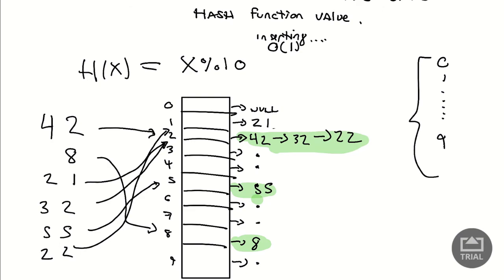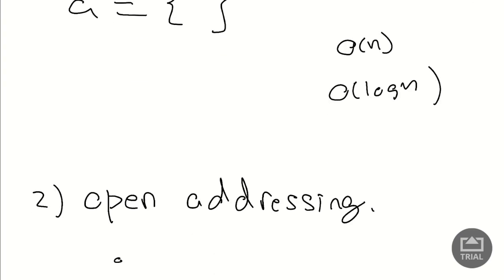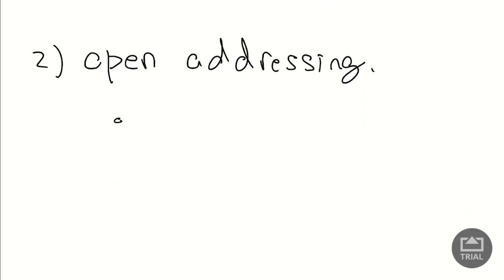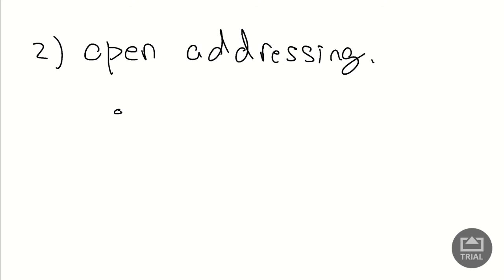So like 21 will always go in the spot of 1. Sure, we make a list here, whatever, a tree, but it's always going to go here. 55 is always going to go in this spot. You'll never find it anywhere else, so you don't have to worry about that. With open addressing, it's more like it's cool. If that spot is full, just look for another one. No problem. That's kind of what the mentality is behind open addressing.